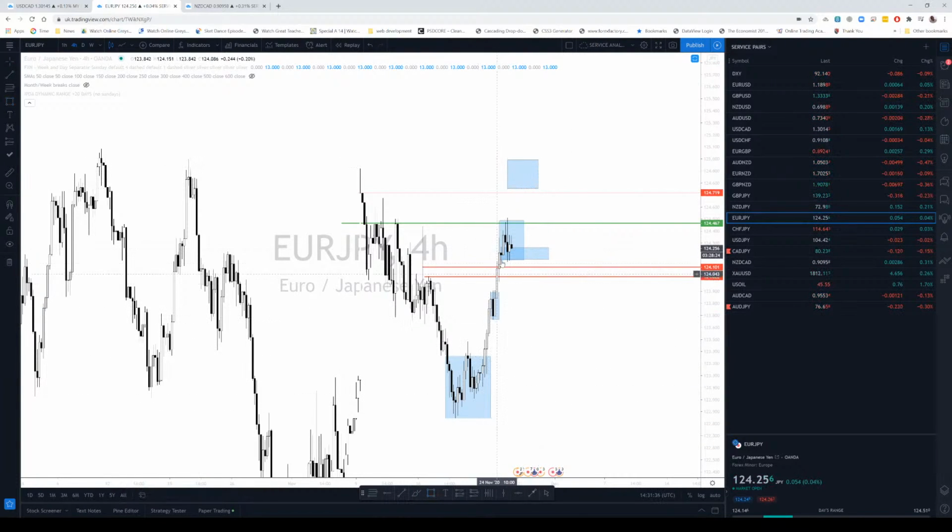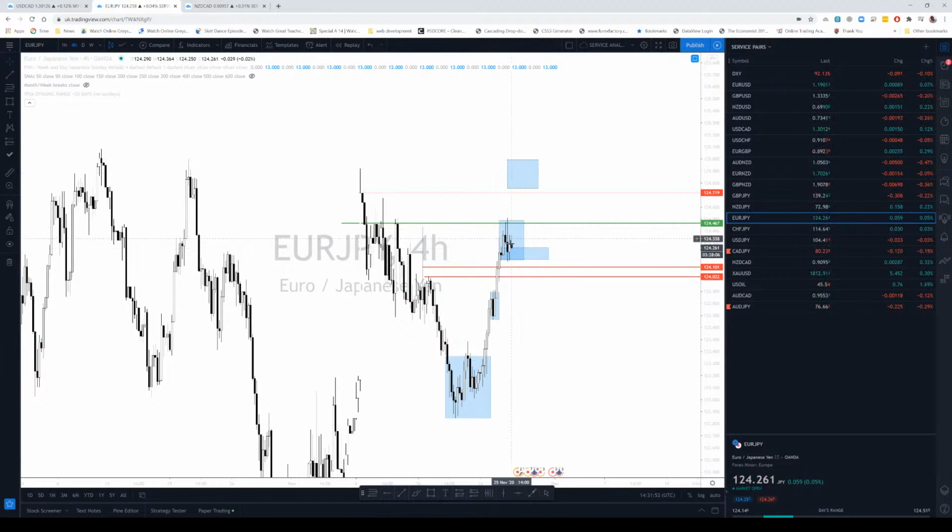So I want to see at least 3 areas of accumulation or 2 areas of accumulation, and then one final run before market structure break. Okay, so this thing has to either rally or go sideways, not dropping.